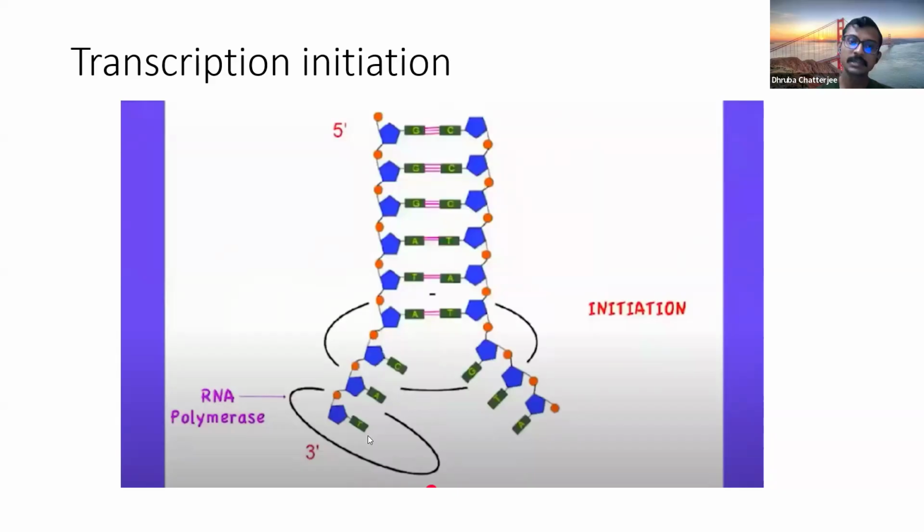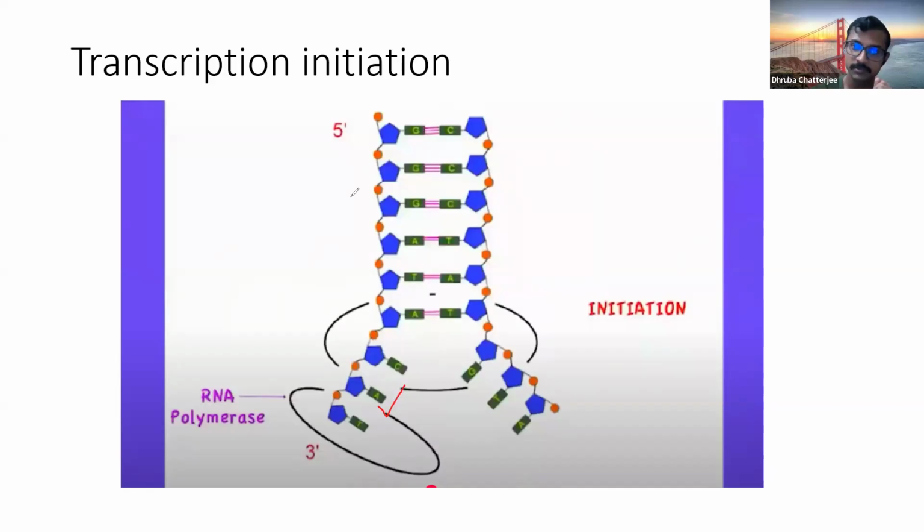Then what happens is that it will read only one of these two DNA strands, for example, this DNA strand. Since we have already learned about the chemistry of polymerization of dNTPs, we know that the dNTPs can only be polymerized in the 5' to 3' direction, because the 3' hydroxyl group will act as the nucleophile that will attack the phosphate of the C5, and the phosphodiester bond can be formed.